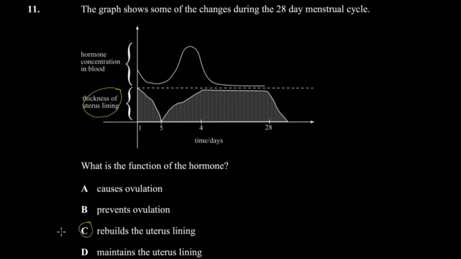The hormone rebuilds the uterus lining. Again, the reason we don't say it maintains is that when the uterus lining is done, we have a very low concentration of the hormone. If it was maintaining, we'd expect the hormone to be at least some value greater than the 0 here. So yeah, that's it.